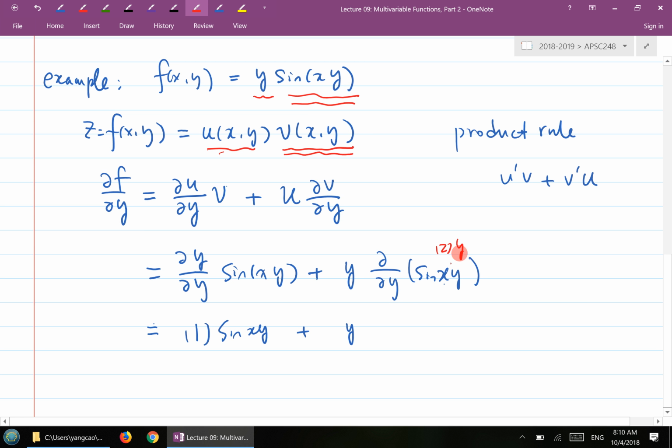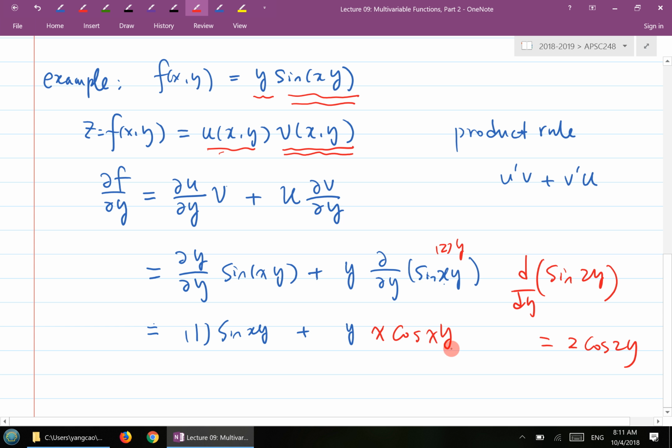If you're taking the derivative of sine 2y over dy, everybody knows this is 2 times cosine 2y. So in this case, I consider x as constant, so I get x times cosine xy here.